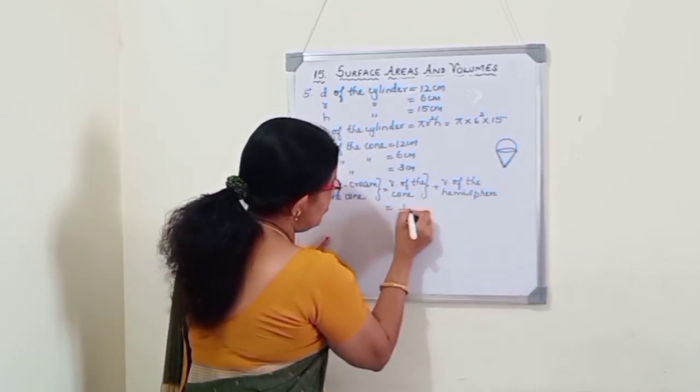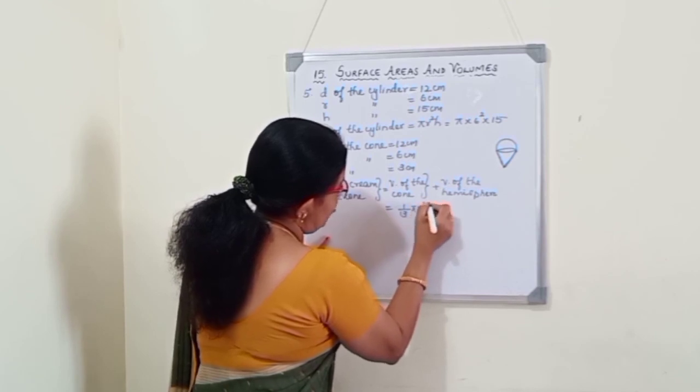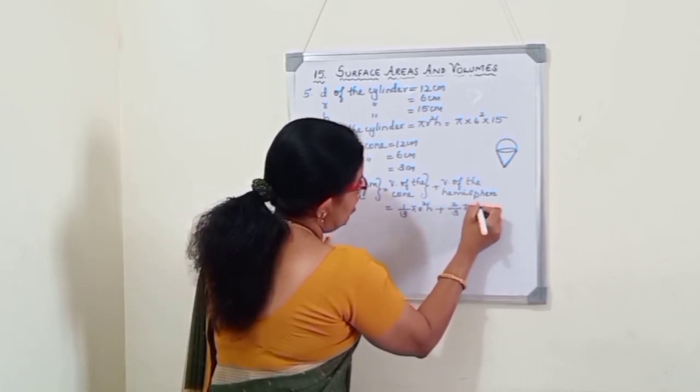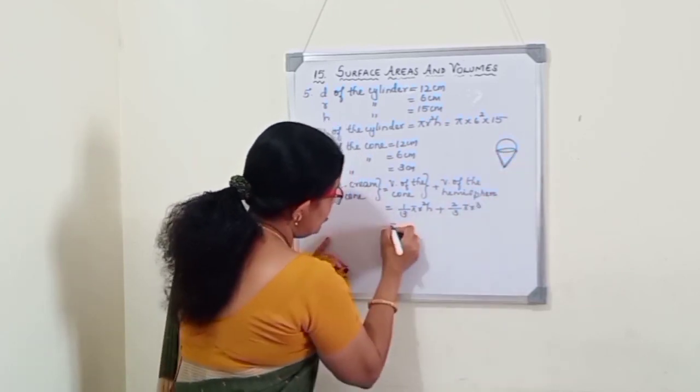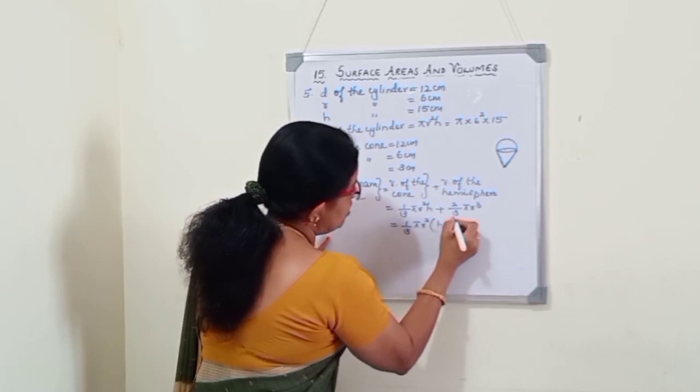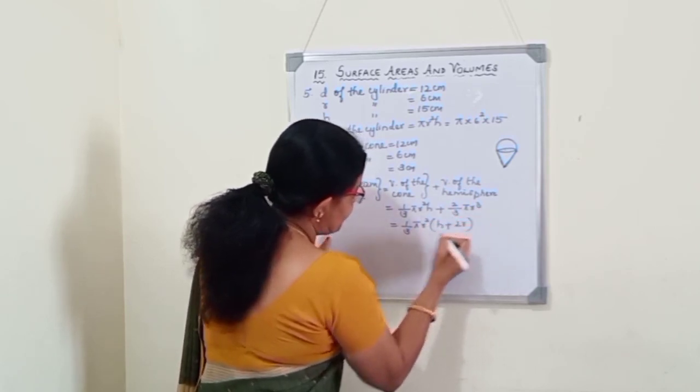So volume of a cone is 1 by 3 pi r square h and volume of a hemisphere is 2 by 3 pi r cube. Both radii will be the same. So we will take 1 by 3 pi r square common, h plus 2r we will write.